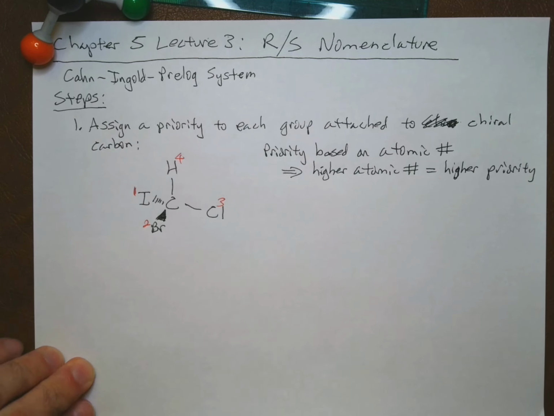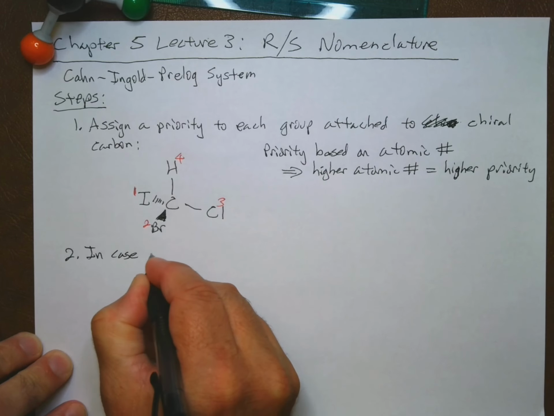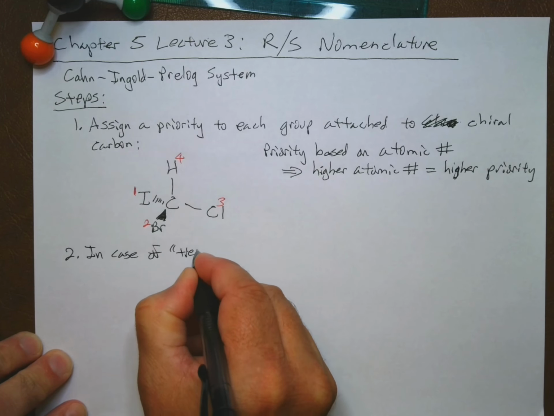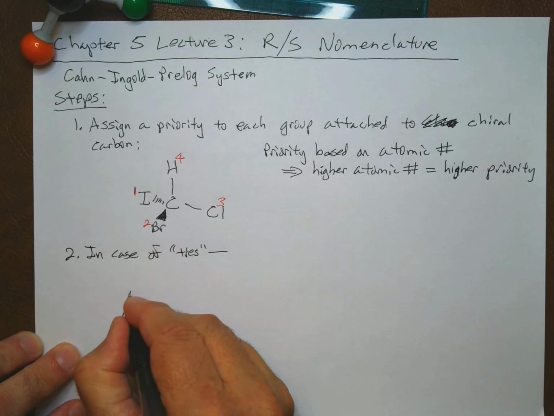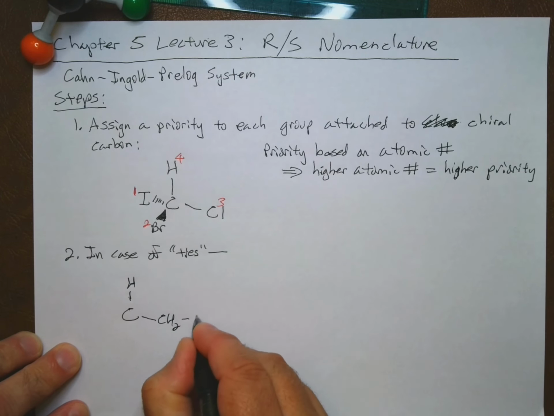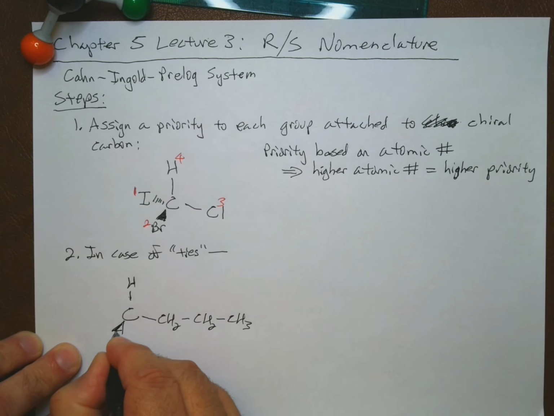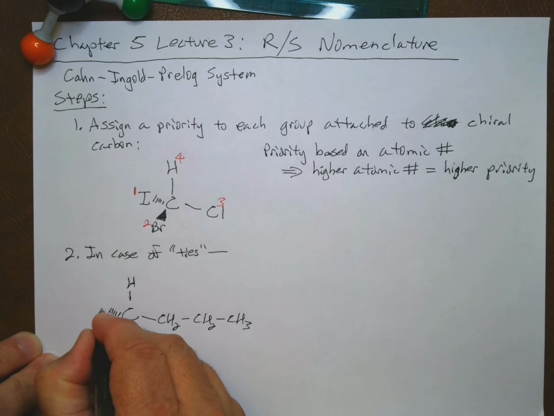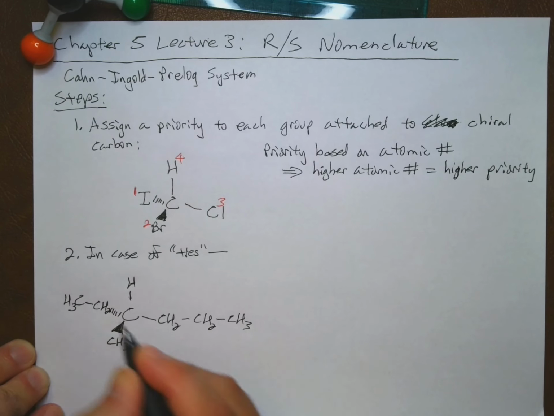Now, what happens if we have, let's say, a tie? So let's say we have the following. We've got CH, CH2, CH2, CH3, CH3 in front, and then in back we've got CH2, CH3.